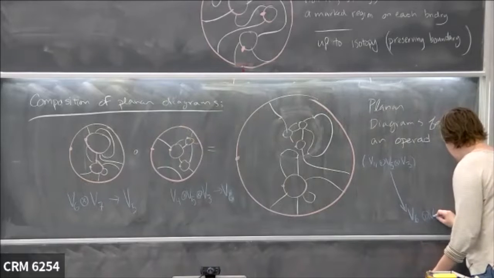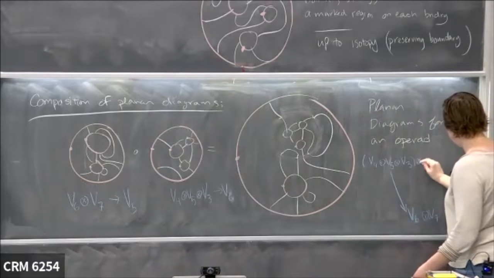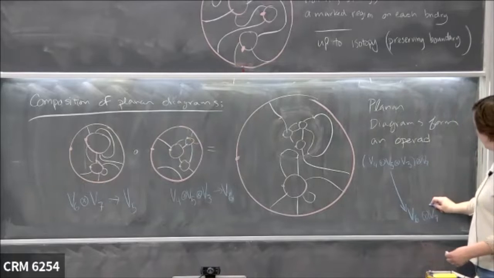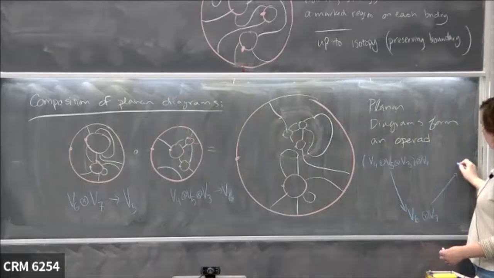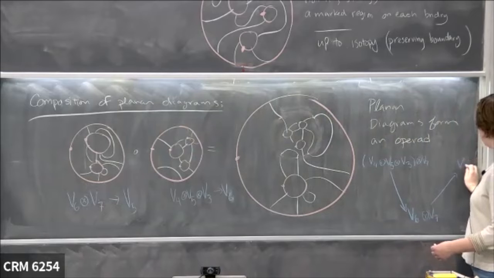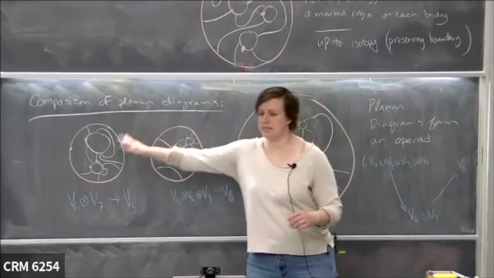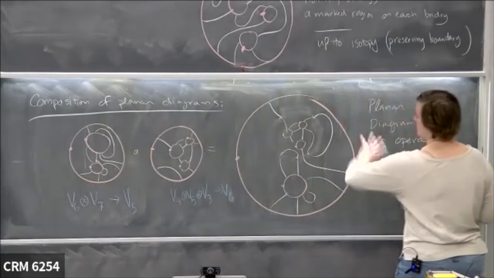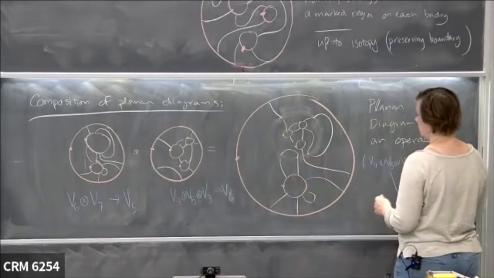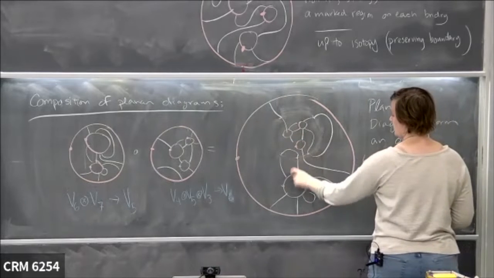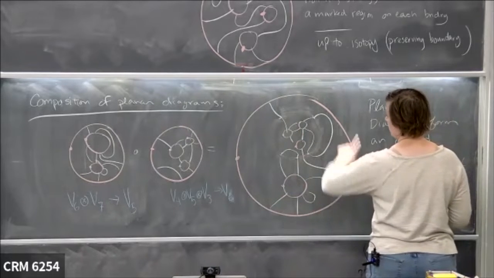If I want to write down a coherent diagram, I should tensor with V7, right? And then we get a map to V5. If we do it in 2 steps here, we should get the same thing as if we just did this whole thing all at once, which has 4 interior disks and still lands us in V5.